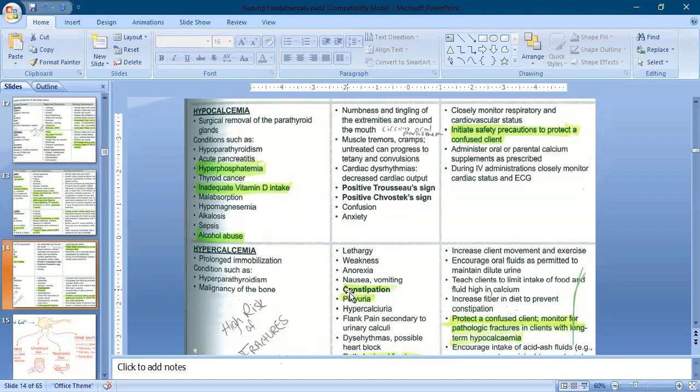So constipation, and I said deep tendon reflexes decrease.